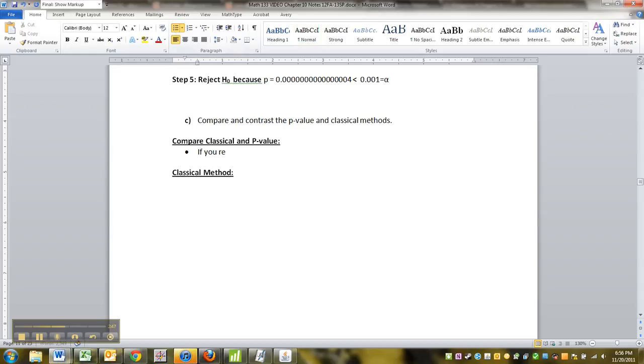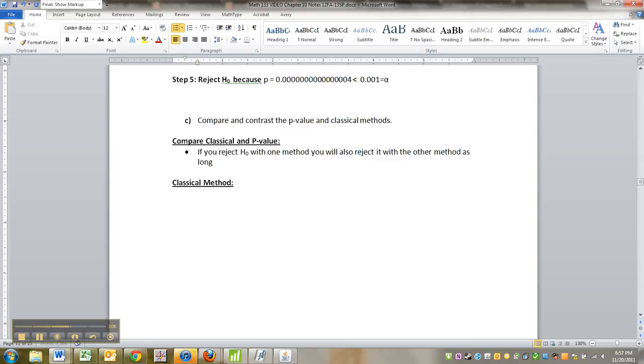If you reject H naught with one method, you will also reject it with the other method, as long as it's the same data and alpha. Okay? I mean, as long as you're working with the same data set and the same alpha, then of course, when you reject with one, you'll reject the other.